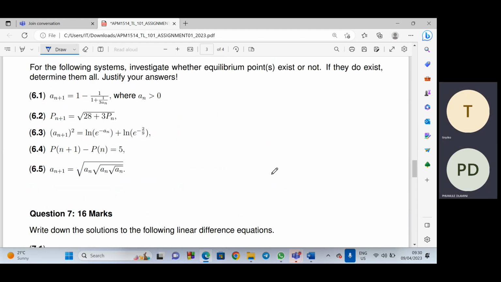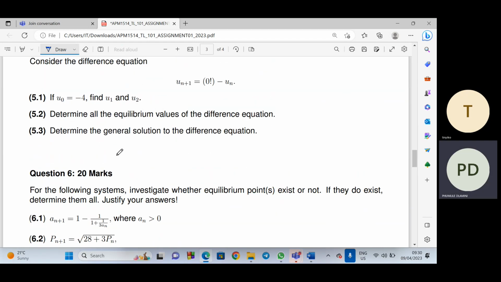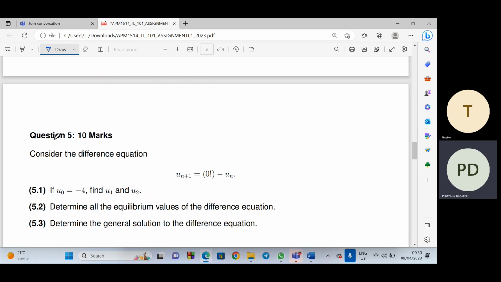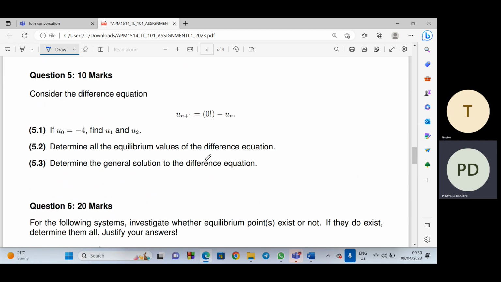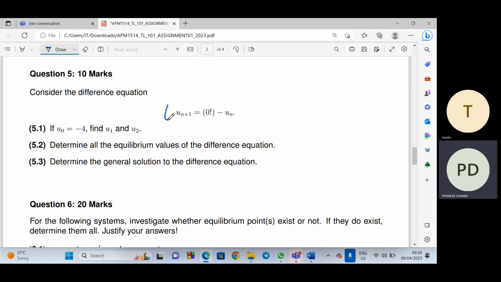Assignment 1, question number 5, is for 10 marks. Consider the differential equation. If u equals 0, cover 1, find mu1 and mu2. It is very simple there. Determine all the equilibrium values of the differential equation.